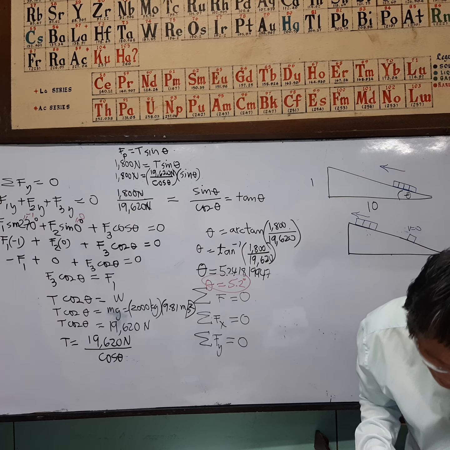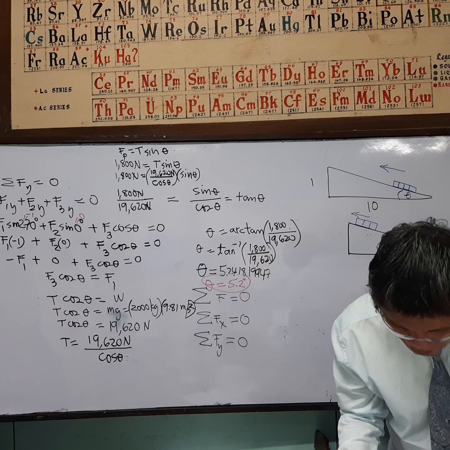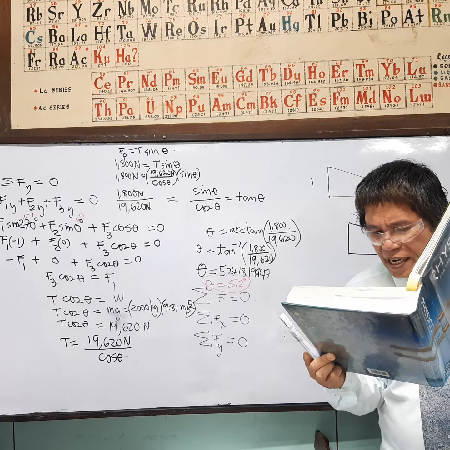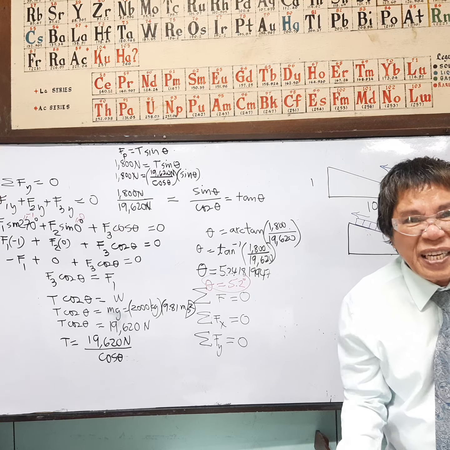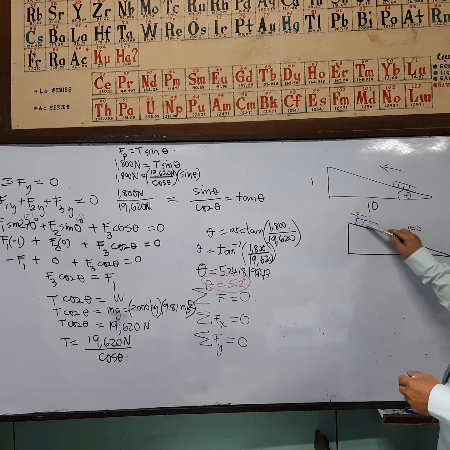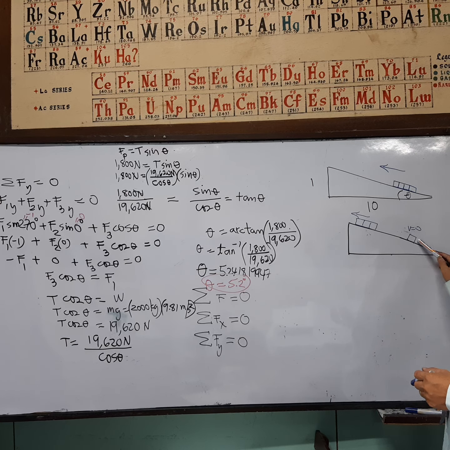The question here is, what is the deceleration of the car? There is deceleration because while this one goes up, it slows down. So there is deceleration, negative acceleration, until it stops.